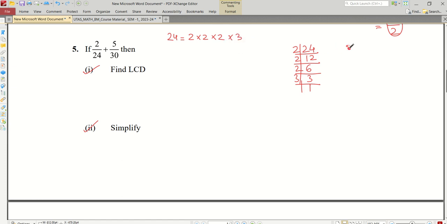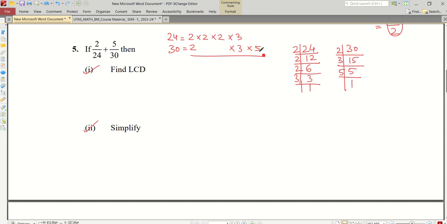Now calculate the prime factors of 30. 2, 15. Then 3, 5. Then 5, 1. Clear? Now write the prime factors of 30 here. 2, then 3, then 5.